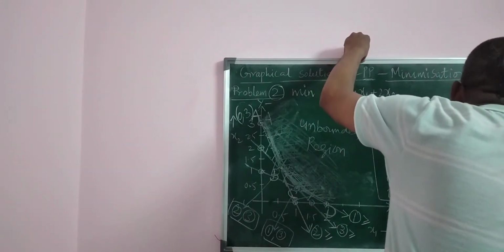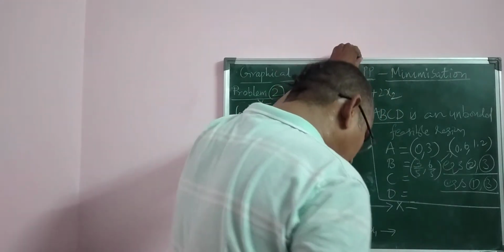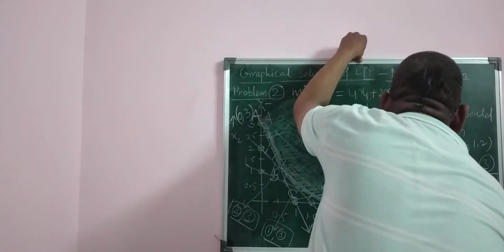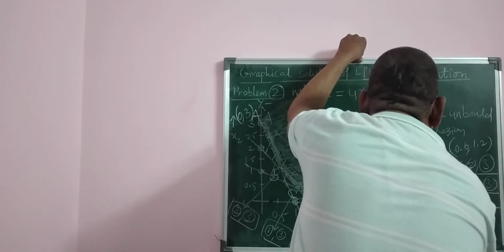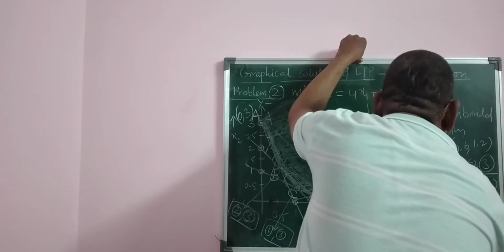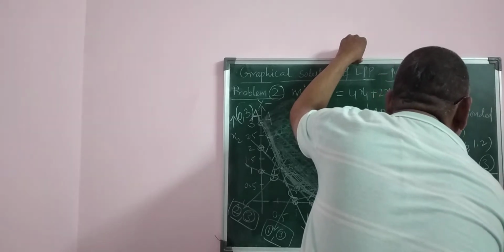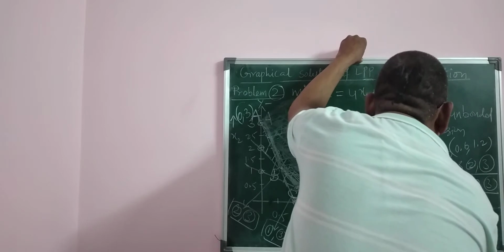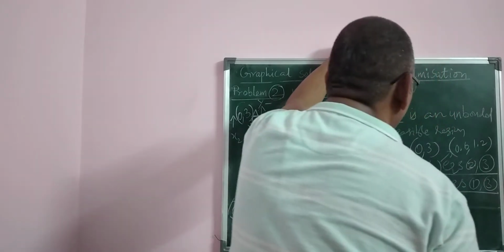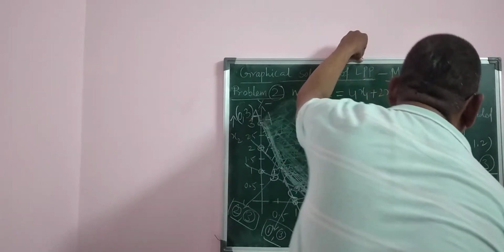What is the value of C? C is 6 by 5 and 2 by 5. It is nothing but 6 by 5, which is 1.2, and 2 by 5, which is 0.4.